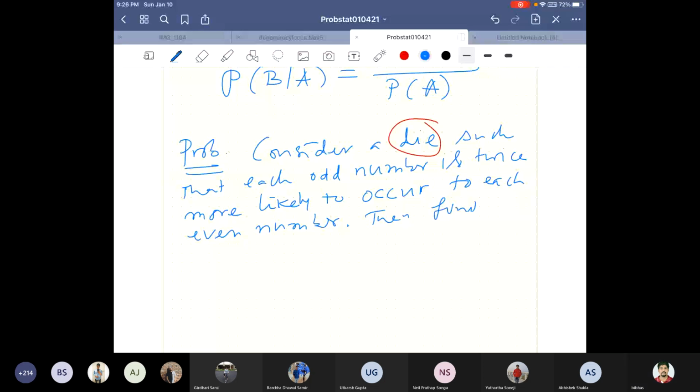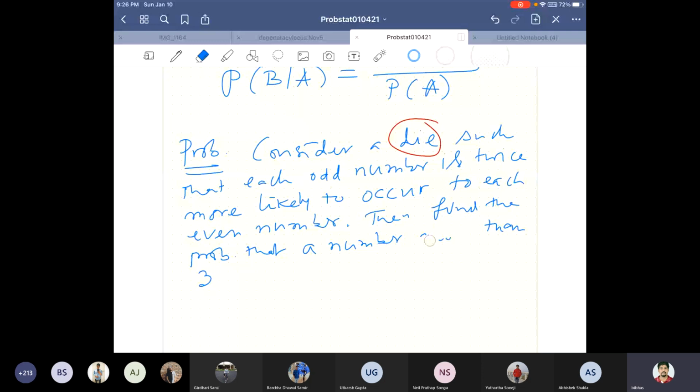Find the probability that a number greater than 3 will occur on a single die, on a single roll. This is one question.